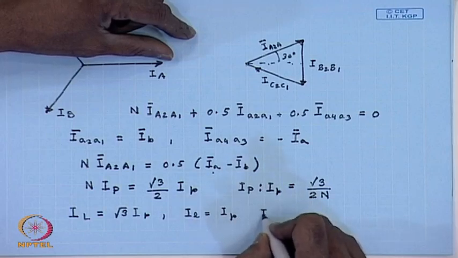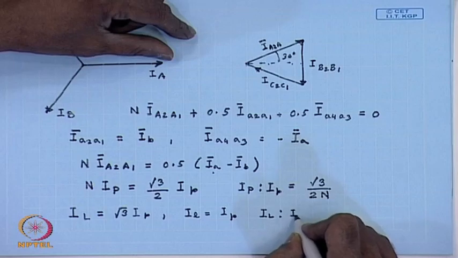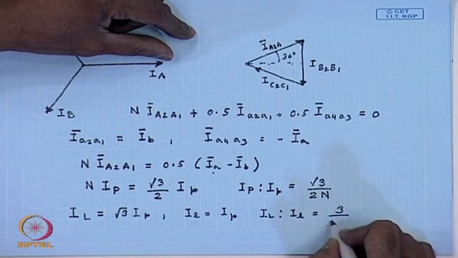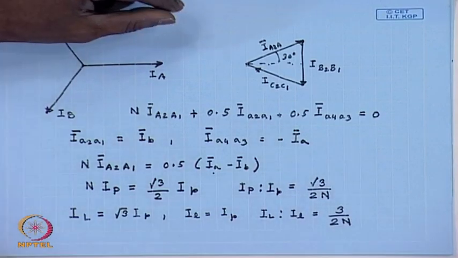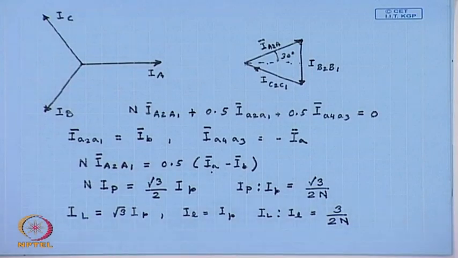Therefore, we have I_L to i_L equal to 3 by 2n. So, this is for the delta zigzag star.